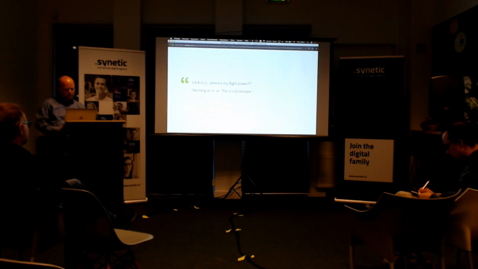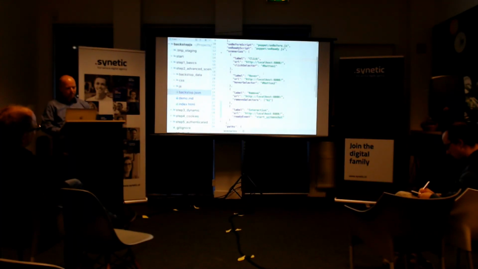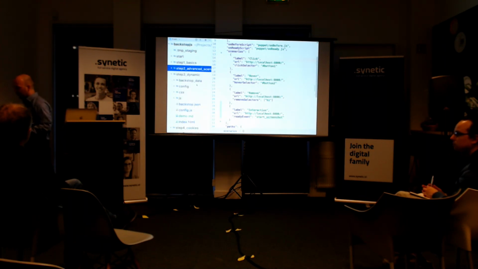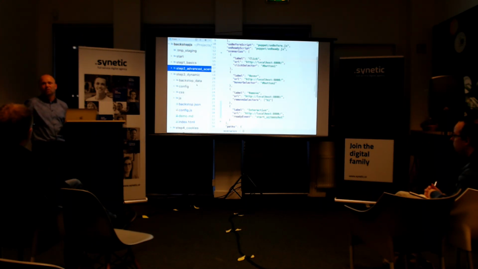Okay, so let's go over to this part again. So I want to have a way of making it more dynamic. I don't want to hard code URLs in my JSON file. But JSON is actually not dynamic.